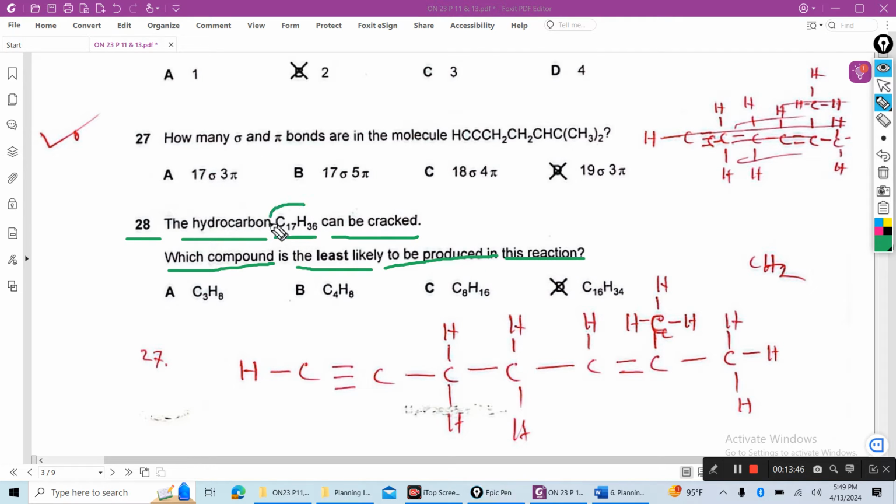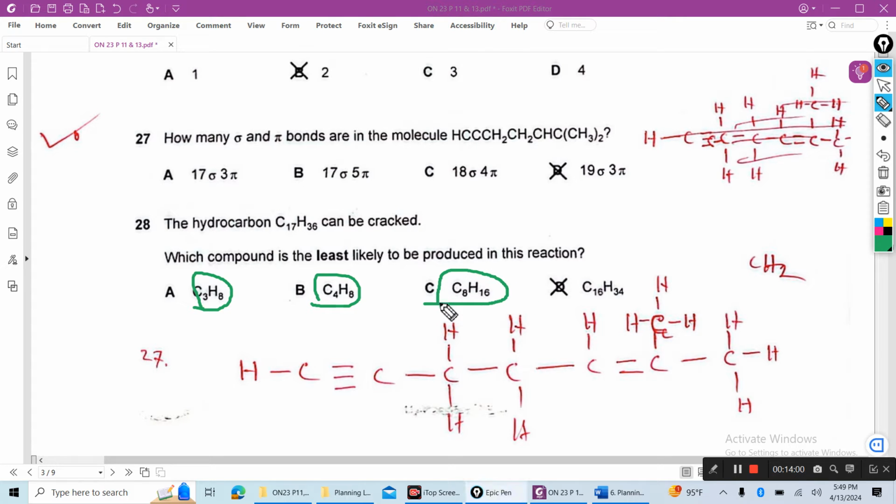And you know, if you crack a hydrocarbon, you will get a shorter alkane and an alkene. So propane will form, butane will form, octane will form, but here C6H34 is least likely to be produced.